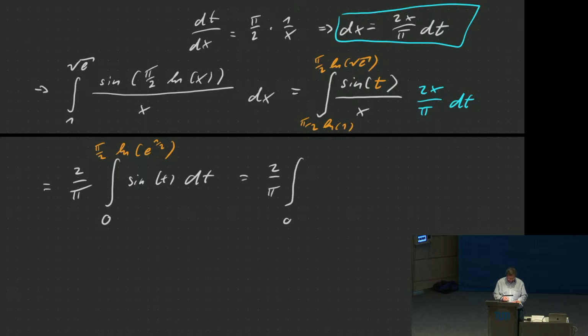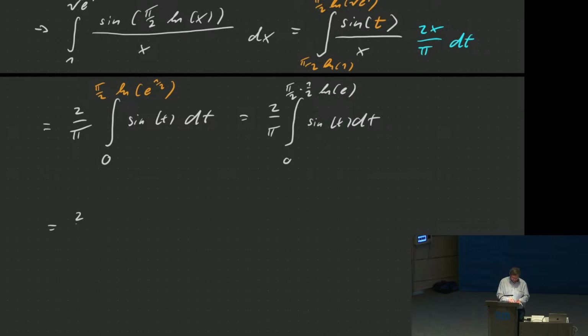Let's copy that once again. So this is pi over 2 times 1/2 times ln of e, and ln of e is just 1. Sine t dt. Okay, that's fine. You do the integration, 2/pi. Now the integral of the sine is the negative cosine from 0 to, and this evaluates to pi/4 times 1. Right, so this is where this cosine of pi/4 comes in.